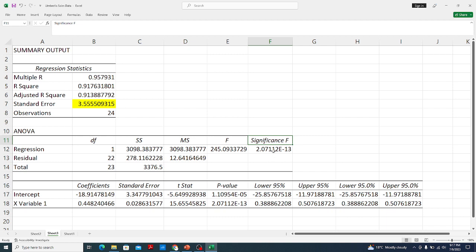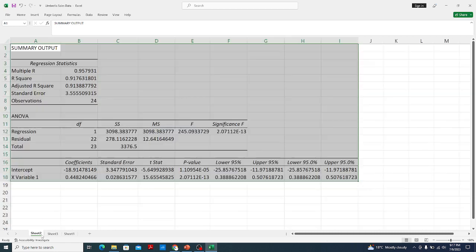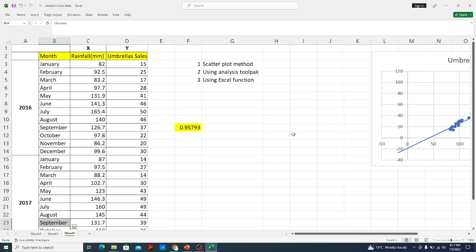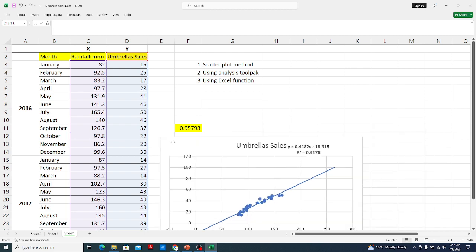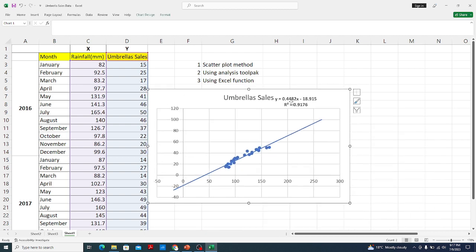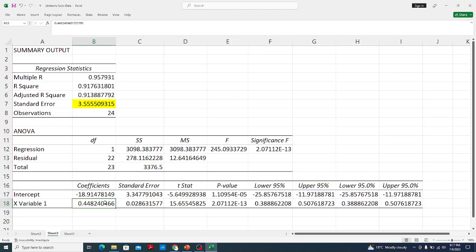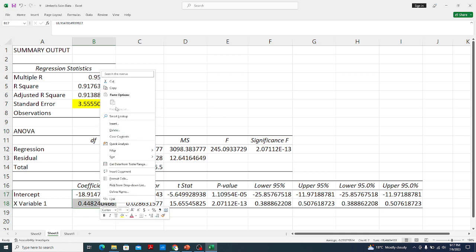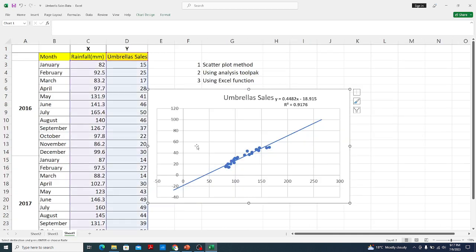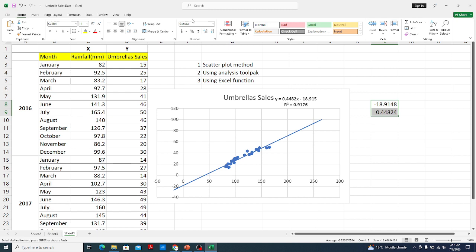Then we have the coefficients. You can see these coefficients are almost the same as the coefficients which we got here. In fact, they are the same when you round off. Let me take these values here and round them off to 3 decimal places.